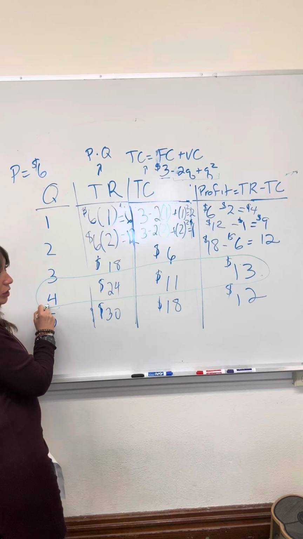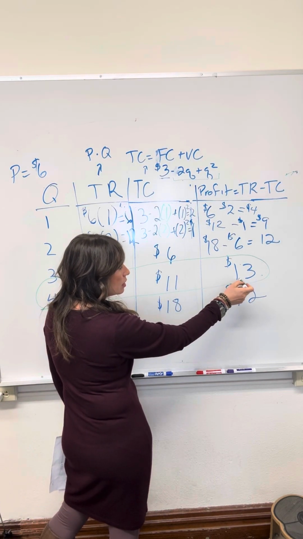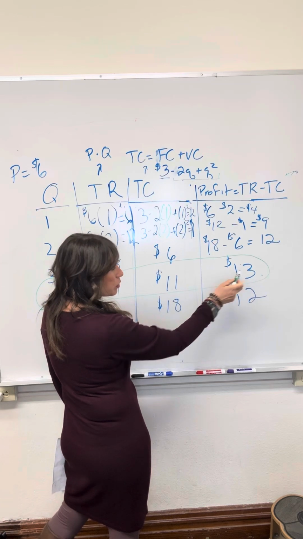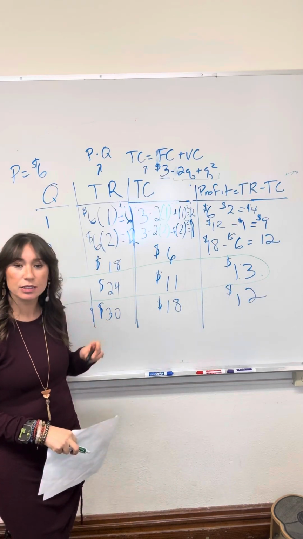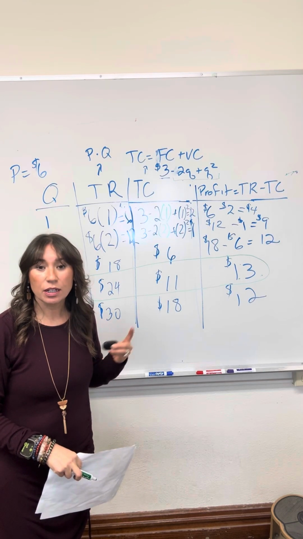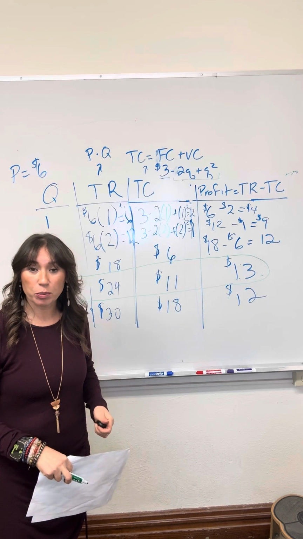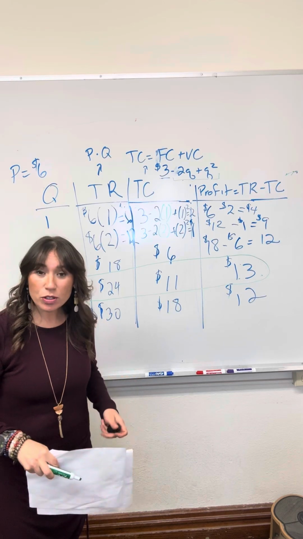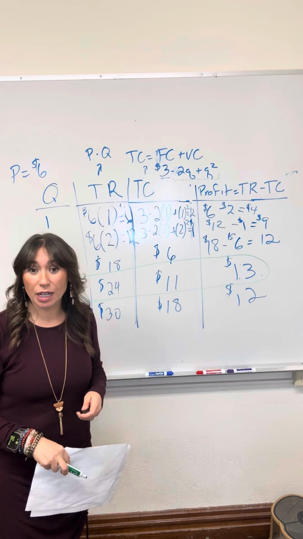So 4 is the profit maximizing quantity, and profit is greater than or equal to 0, so we do indeed produce. That gives you one analysis of how to find the profit maximizing quantity directly by calculating profit at every single production level. We can also find it by setting marginal cost equal to marginal revenue, which we'll do in the next video.